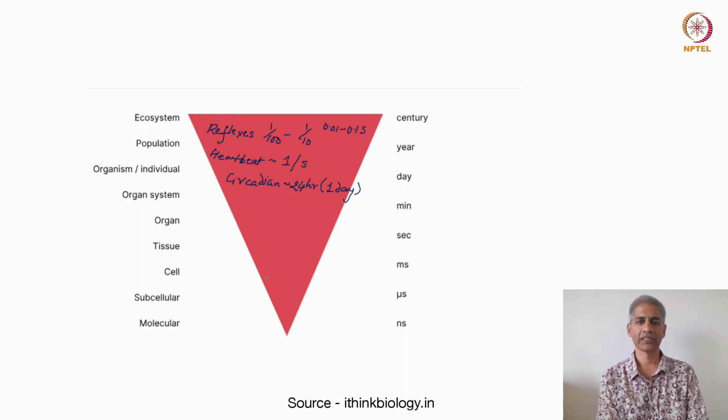We have an ovulation cycle. So that's about 28 days. That's approximately a month. We have a gestation cycle. That's 9 months.